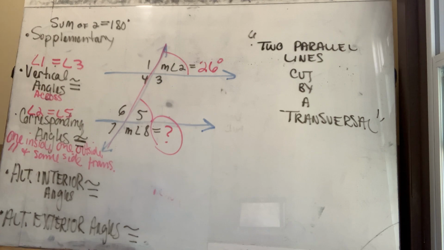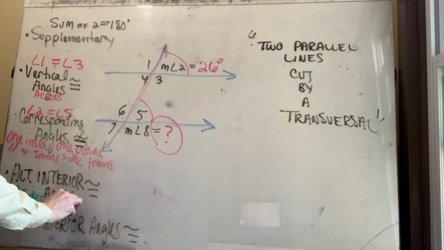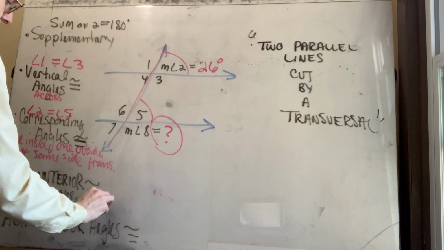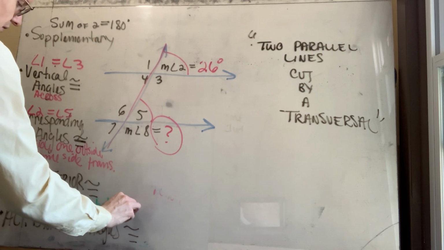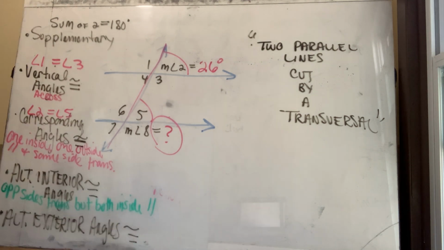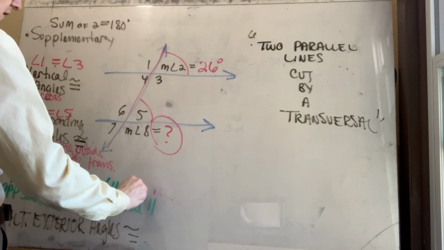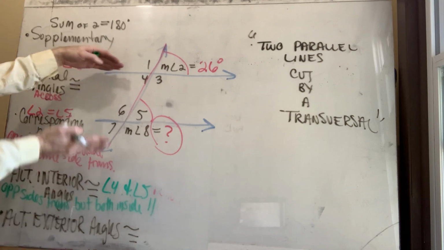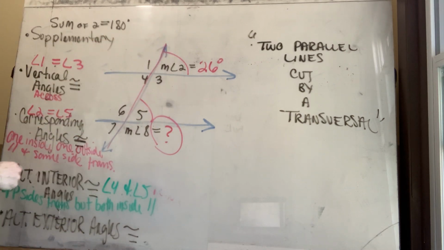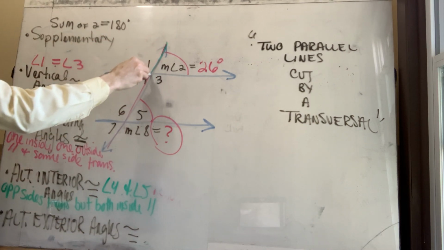Alternate interior are on opposite sides of the transversal, but both inside the parallel lines. So something like angle 4 and angle 5. They're inside the parallel lines, alternate in respect of the transversal line.